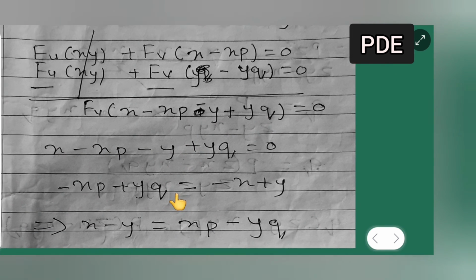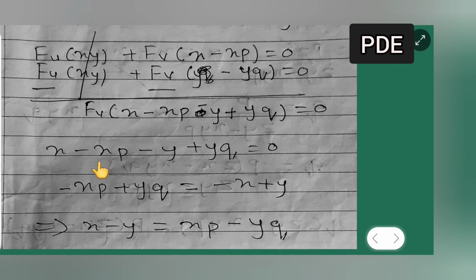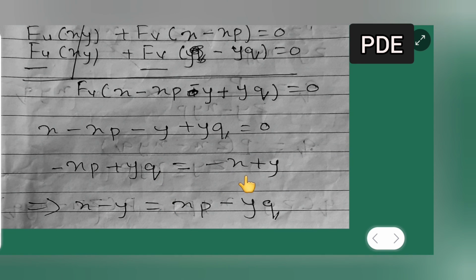Next, you are going to get minus xp plus yq is equal to, if you take x to the other side, it becomes negative x, minus x plus y. Now what you have to do is, x minus y is equal to xp minus yq. You can even write it like this.